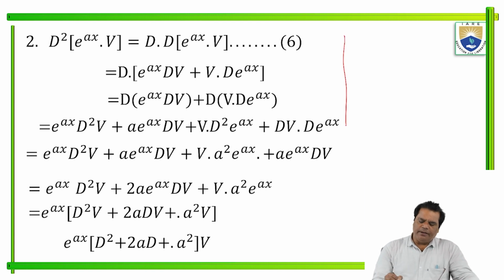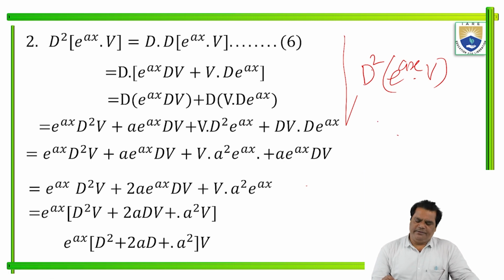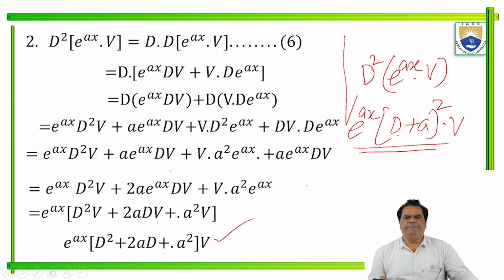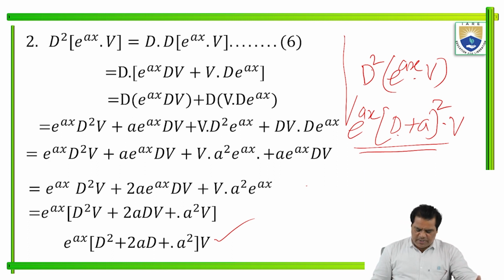Similarly, for D square e to the power ax into b, we take e to the power ax to the left side and put D equal to D plus a whole square, acting on b. This formula we apply here. I am proving this formula in this case. We have already discussed this formula.